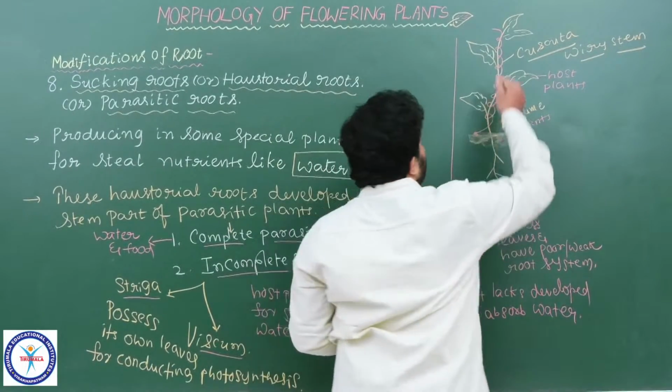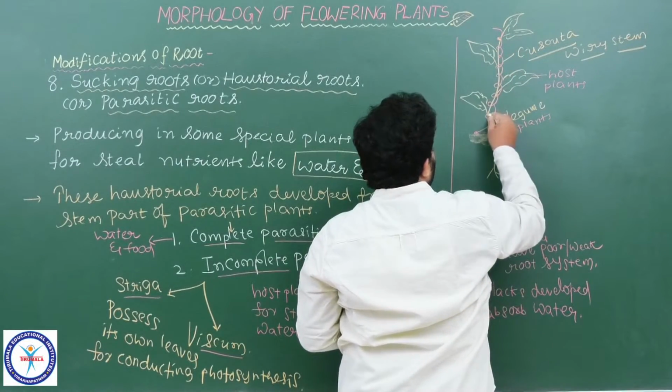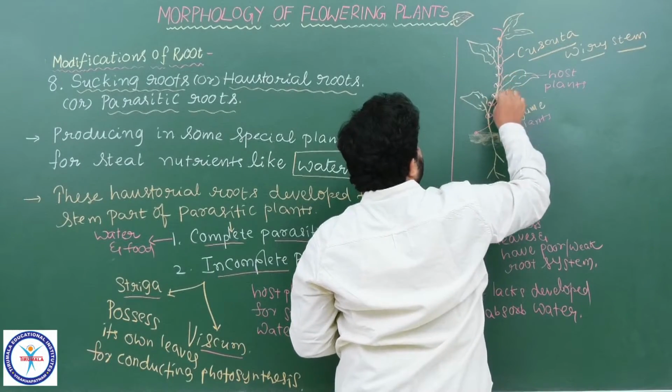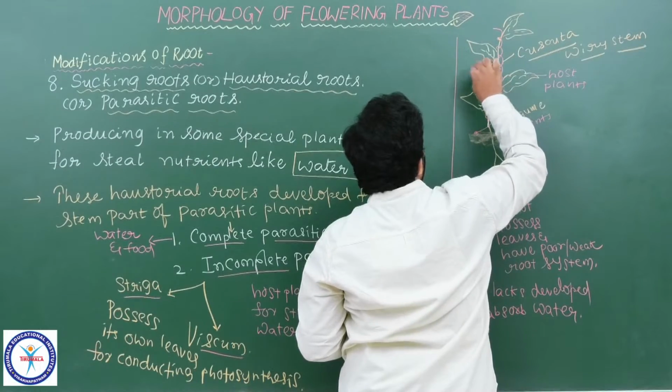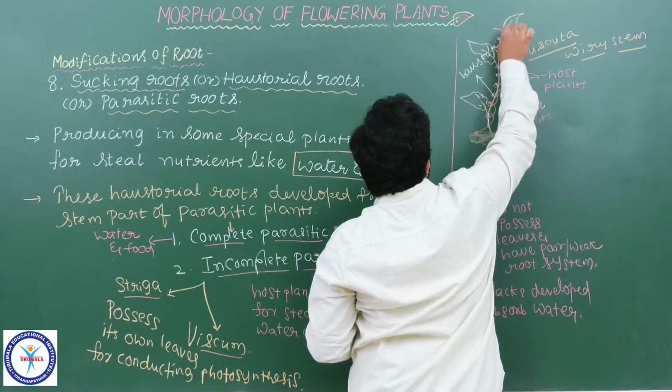From this twining nature, they produce small needle-like structures. These needle-like structures, which penetrate into the anatomy of the host plant, are called haustorial roots. These haustorial roots are developed from the stem part.